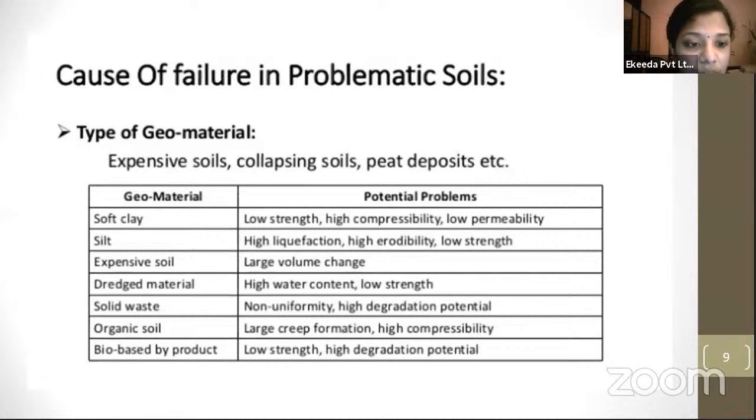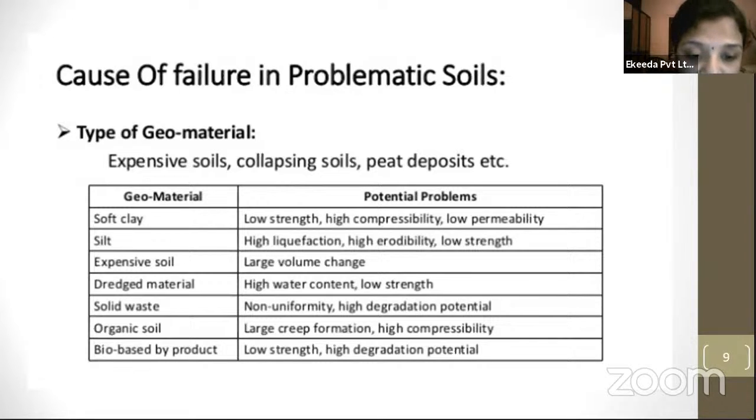Now next is geomaterials. If the material is soft clay, the problems that we face are low strength, high compressibility, and low permeability. If the soil is silt, it has high liquefaction, high erodibility, and low strength. If it is expansive soil, we can expect a large volume change.